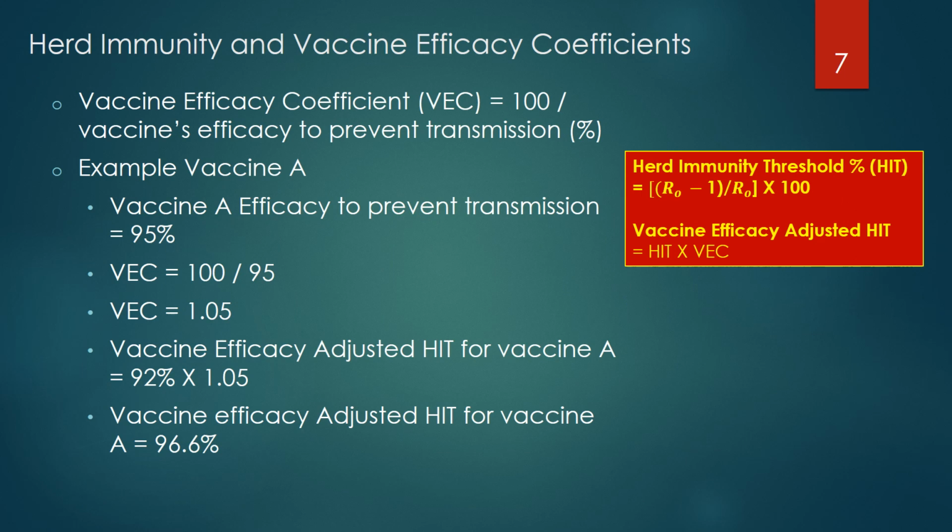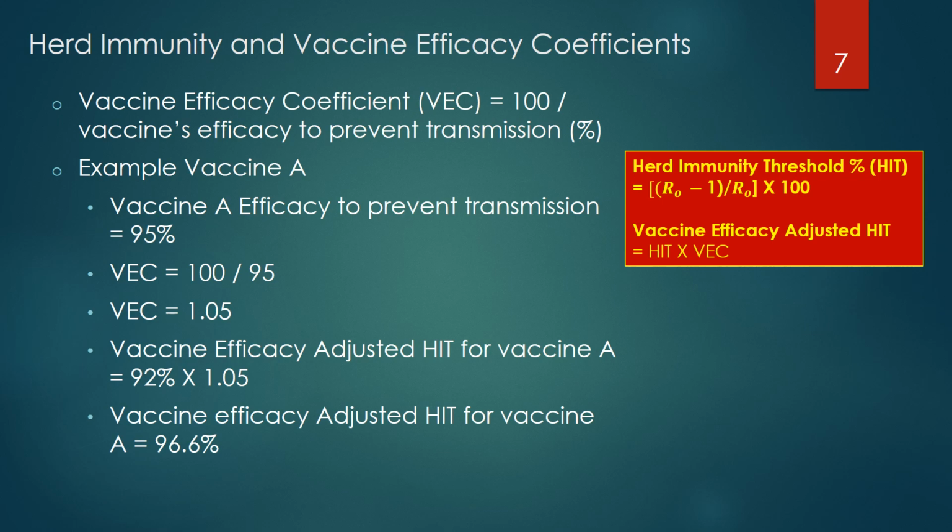The herd or community immunity threshold, HIT, is impacted by the efficacy of COVID-19 vaccines, the vaccine efficacy coefficient, VEC, available to a community. The vaccine efficacy coefficient, VEC, equals 100 divided by the vaccine's efficacy to prevent transmission as a percent. For example, if COVID vaccine A has a vaccine efficacy to prevent transmission of 95%, then the VEC would be 100 divided by 95, which equals 1.05.